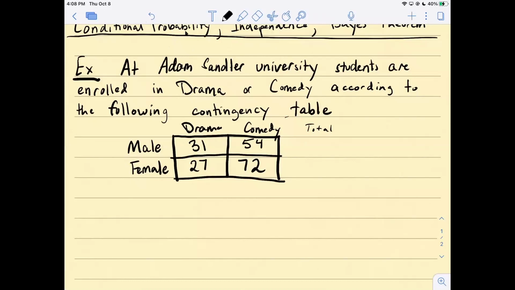Excellent. So yeah, 85 total male students. And how many total female students? 99. Excellent. And therefore, the grand total number of students is going to be 184.